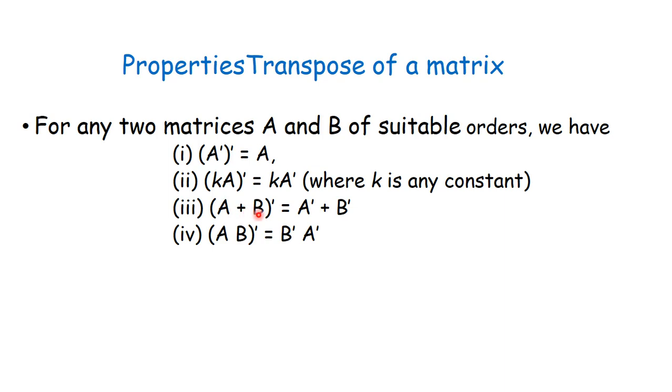Means (A plus B) transpose equal to A transpose plus B transpose. And next is (AB) transpose. Be careful while remembering this result. (AB) transpose is equal to B transpose into A transpose, not A transpose into B transpose.